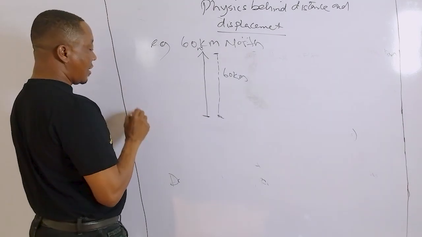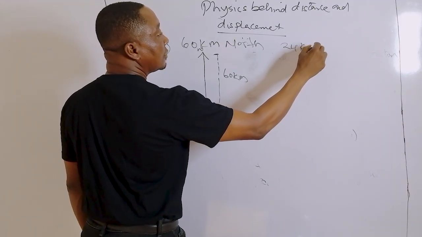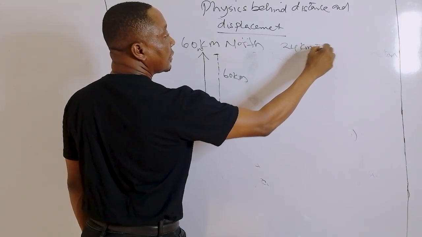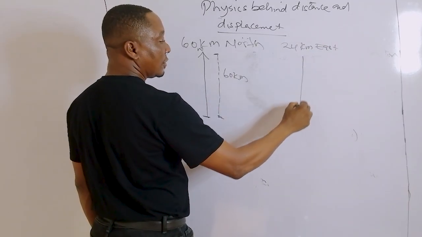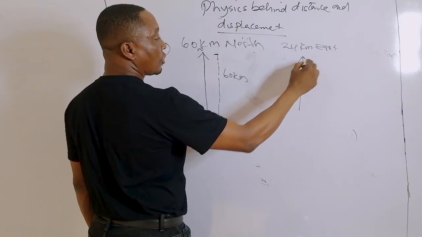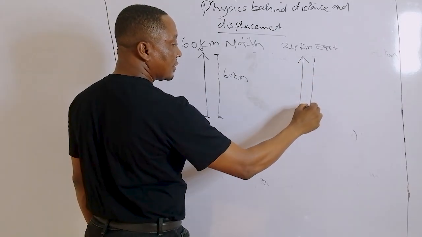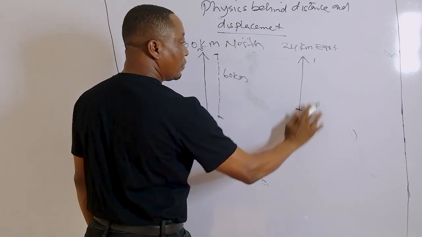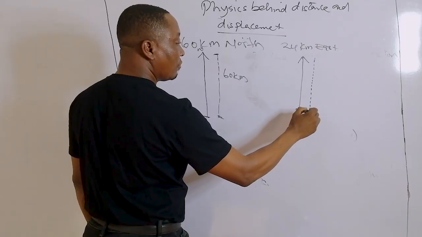And we may also have 24 kilometer east. Let's change the direction. This will be 24 kilometer. This is where it starts, and this is the distance he has created. The distance will be, you can use a dotted line in order to differentiate from the real line.